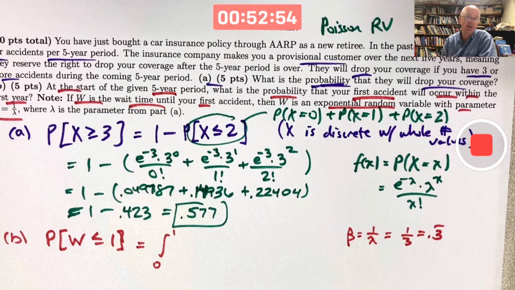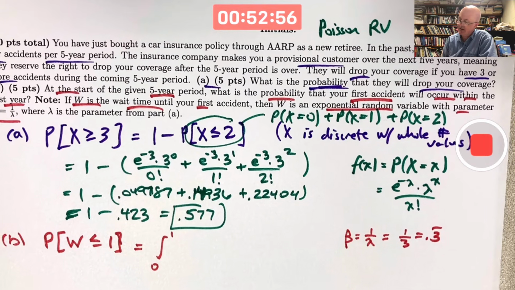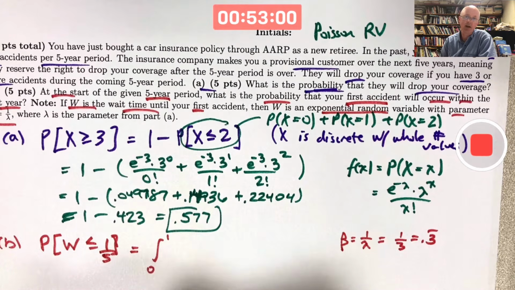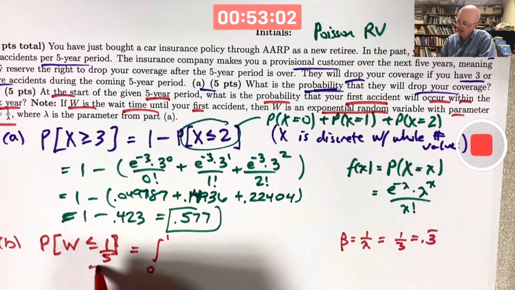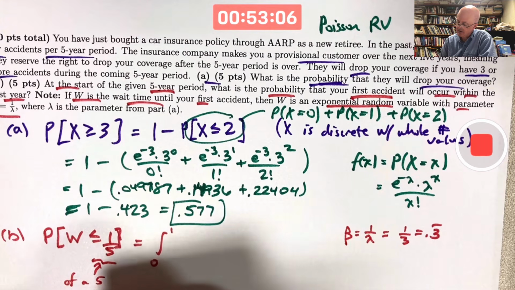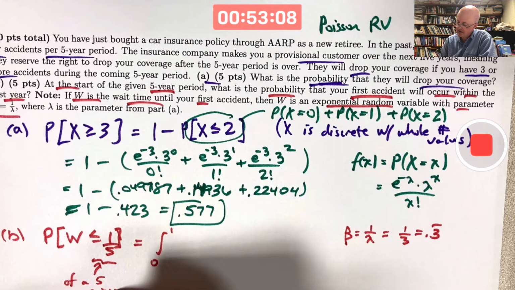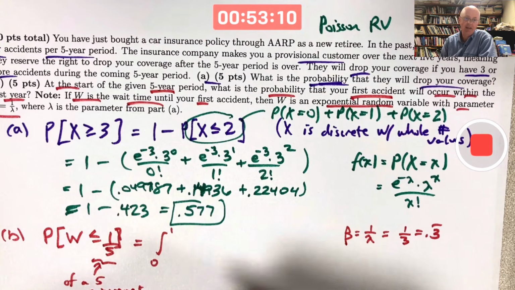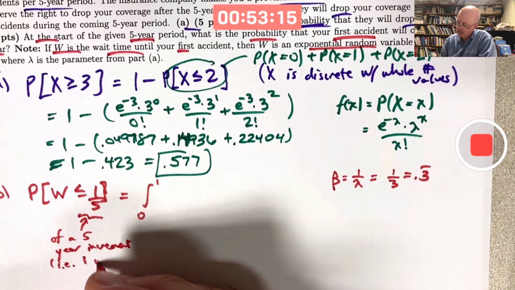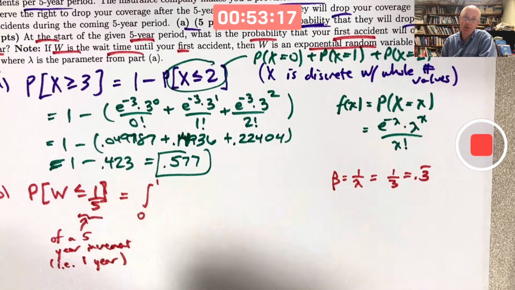But because it's 5-year increments, I really want to find the probability that it's 1/5 of a 5-year increment, i.e., 1 year. So it's tricky, and I purposely made it a little tricky to make sure people are on their toes, and it caught me off guard as well.